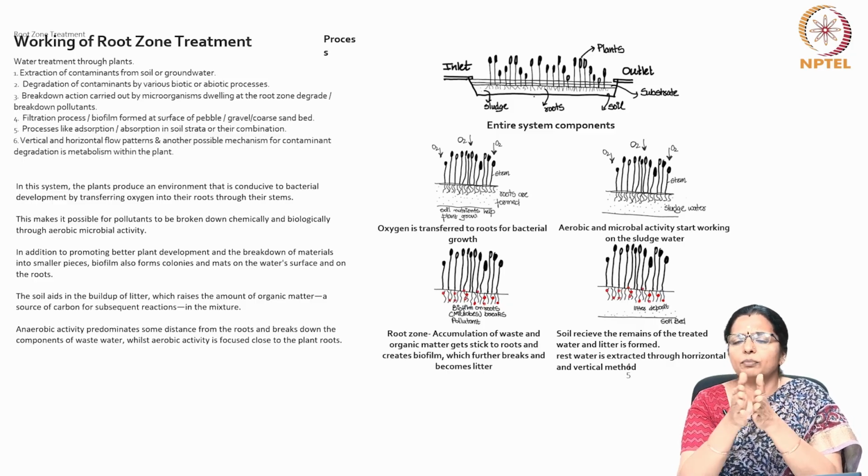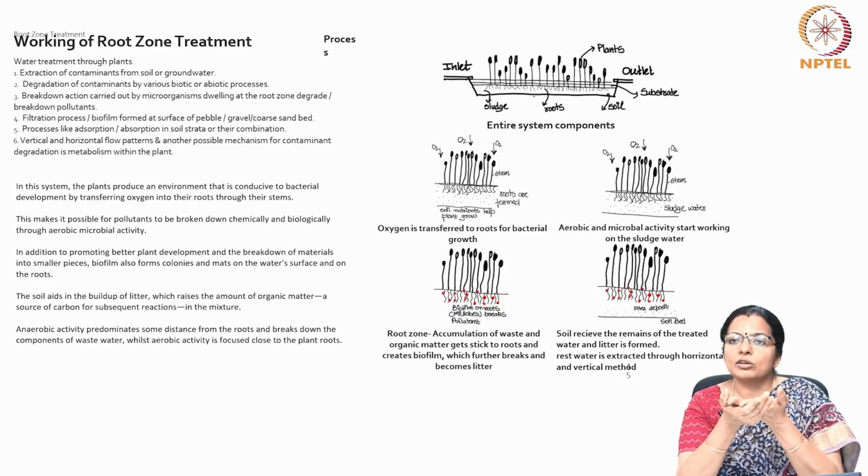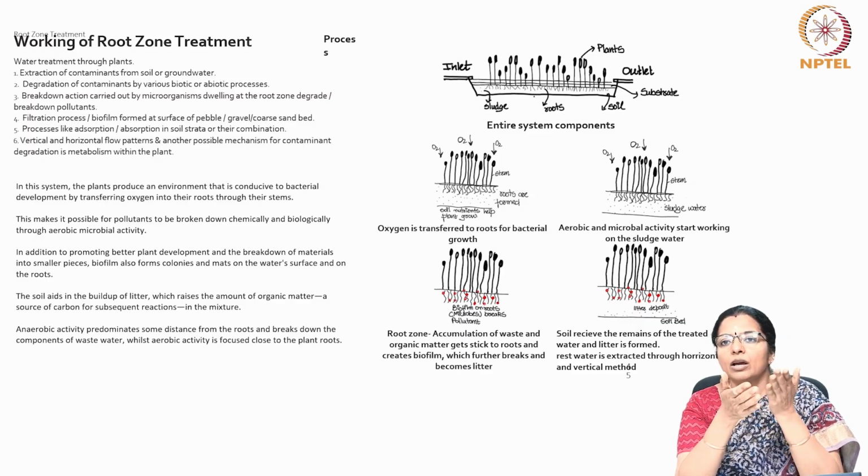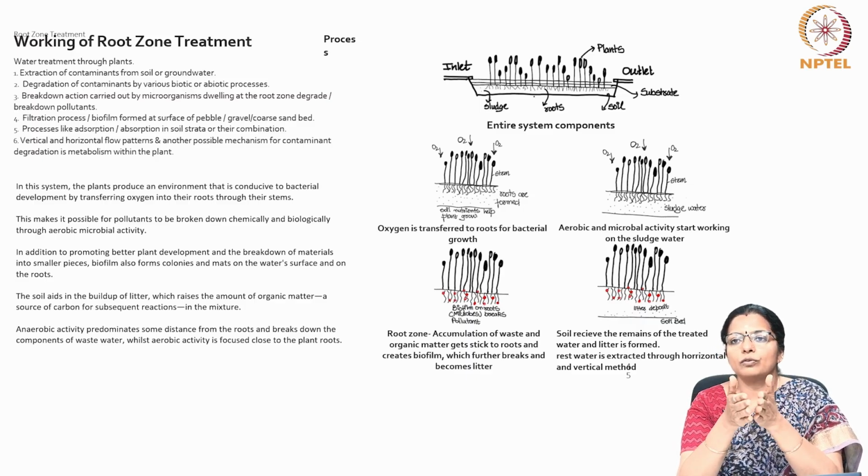The filtration process or biofilm is formed at the surface of pebble or gravel or coarse sand bed. Processes like adsorption or absorption in soil strata or the combination happens. Vertical and horizontal flow patterns, and another possible mechanism for contaminant degradation is the metabolism within the plant.